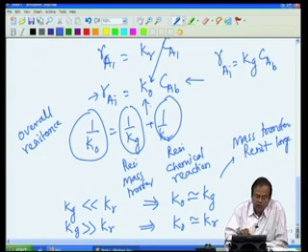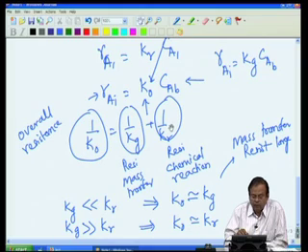So, once again we note that K naught is an effective rate constant which is influenced by both mass transfer coefficient Kg and the reaction rate constant Kr.